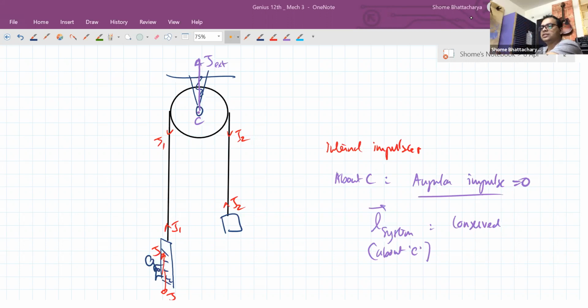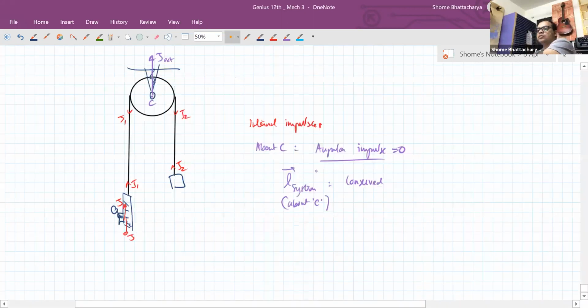You can see 60 kg on the other side is going up, then 40 kg person on this side is going up and only 20 kg is coming down. So center of mass is having some net displacement.